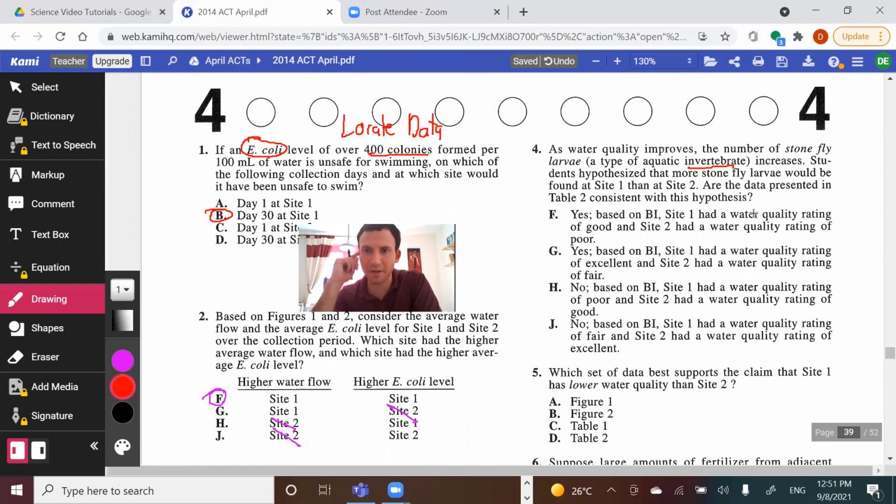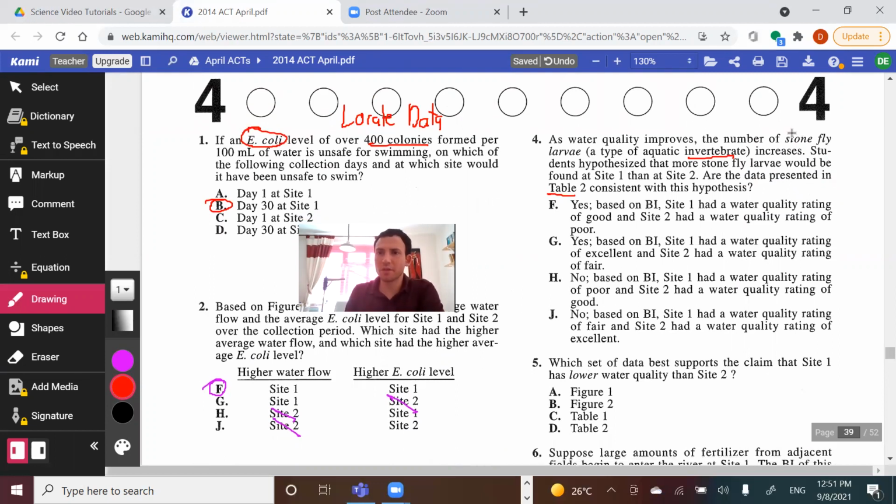Are the data presented in table 2 consistent with this hypothesis? So a mouthful here, but if we just break down what it's actually asking, it's fairly straightforward. So essentially, students are hypothesizing that there are more stonefly larvae at site 1. So they're just saying, does site 1, according to table 2, have the better water quality? Because more stonefly larvae means better water quality.